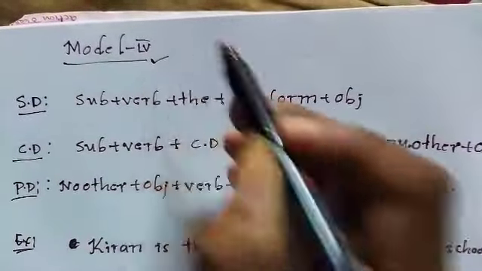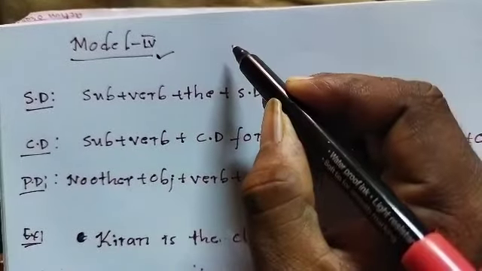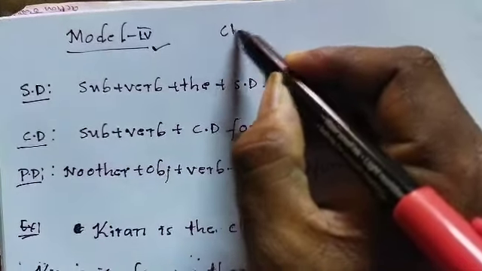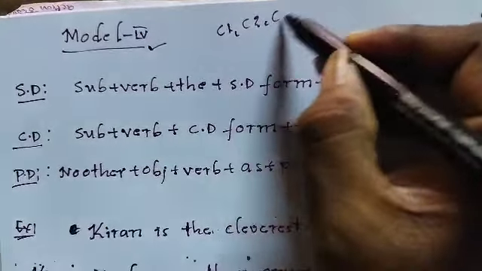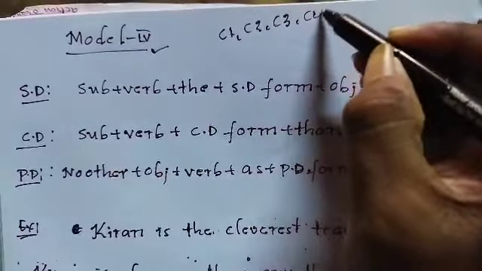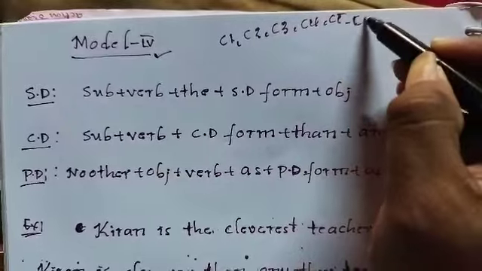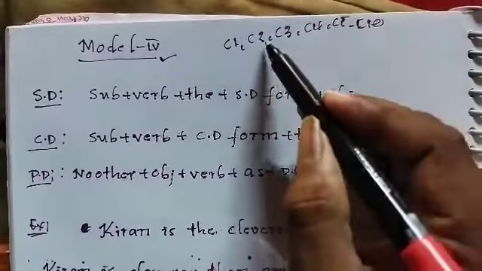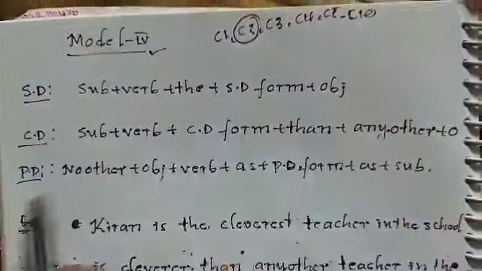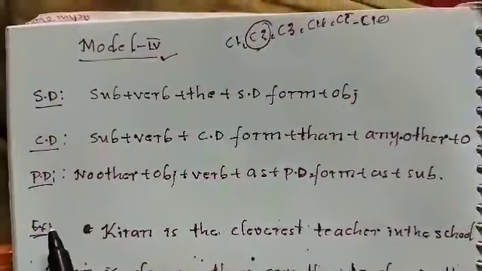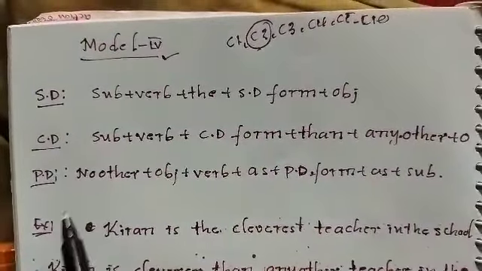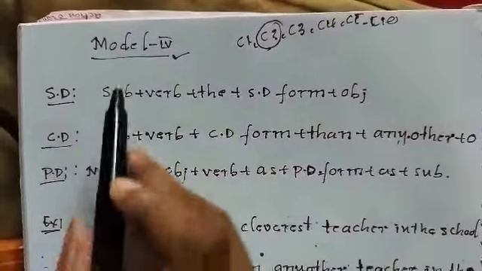Now model 4. Before we discuss that, clever 1, clever 2, clever 3, clever 4, clever 5, like that, up to clever 10. In that, if we say about one person, we'll use model 3 structures. So now this structure is model 4.